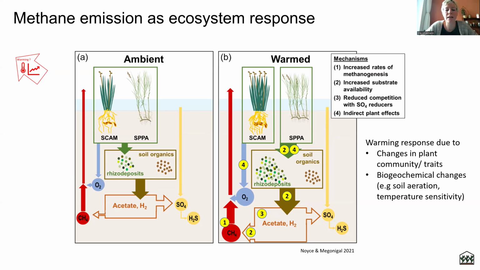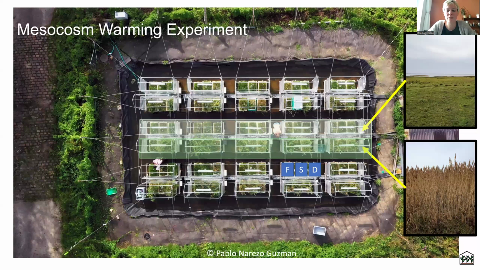But it can also directly affect the microbes themselves. For example, the methane-producing microbes are more sensitive to temperature than the ones that consume methane. So it is hard to link it to just one direction. It's not easy to just hypothesize, for example, that warming increases methane emission, but this is at the moment the leading hypothesis.